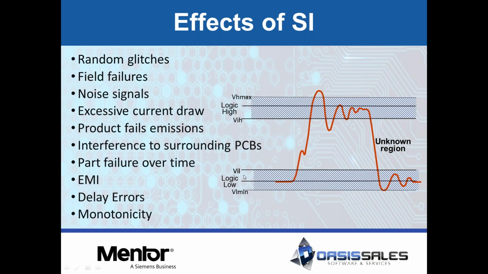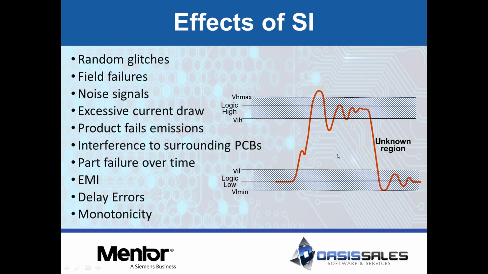Products may fail emissions. A lot of people don't realize that signal integrity can be a big cause of emissions problems out there, especially if you're a new engineer coming out of school and you don't have experience in the real world yet, you've only been discussing theory. Any high frequency ringing is obviously high frequency, so it's going to work outside that frequency range that you're expecting when you go out and do emissions.